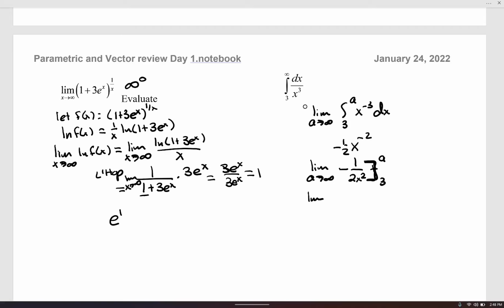So we have the limit as a approaches infinity of negative 1 over 2a squared plus 1 over 2 times 9. So it ends up being 1 over 18.